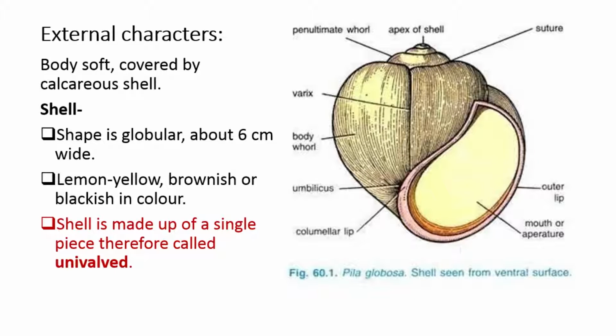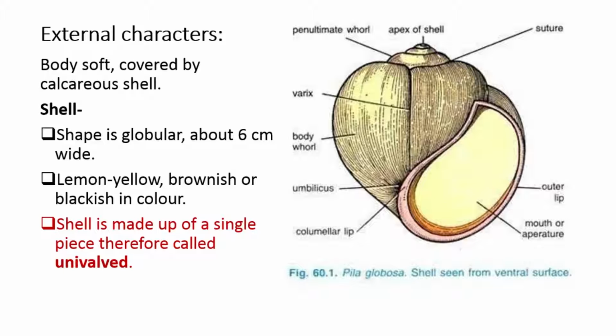Shell and operculum. Shell. The shell of a Pila is somewhat globular. You can see the diagram. This diagram has a globular shape. The width of this shell is about 60 millimeter, means 6 centimeter.